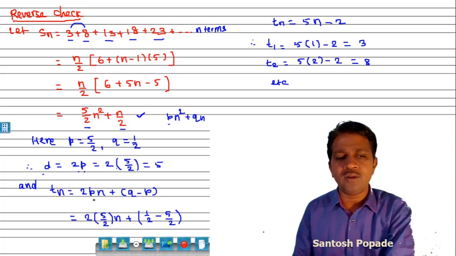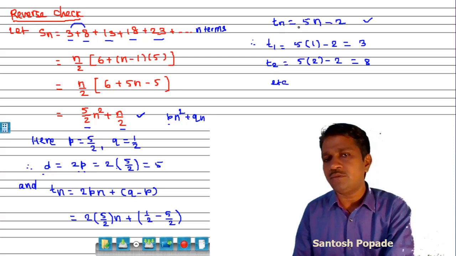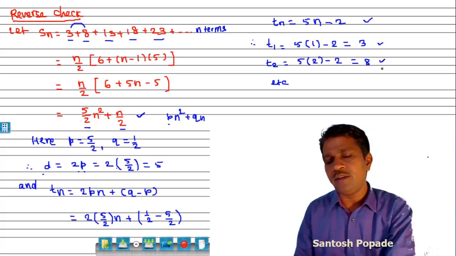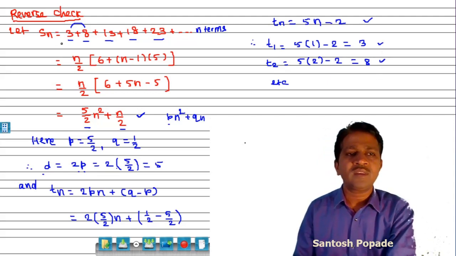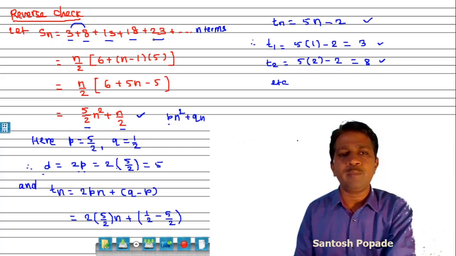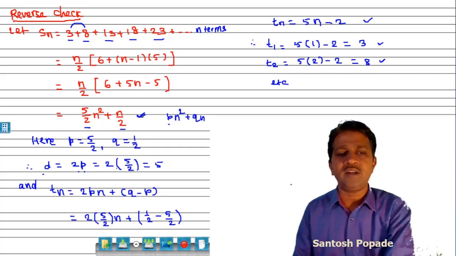If I put the values of P as 5 by 2 and Q as 1 by 2 and solve this, I will get this expression for Tn, and by putting n equals 1, 2, 3, I get these terms. So it can be easily verified that this trick works, because initially I considered an AP, added the n terms, and got the formula for the sum of n terms like this.